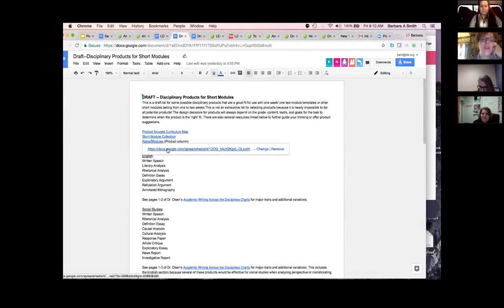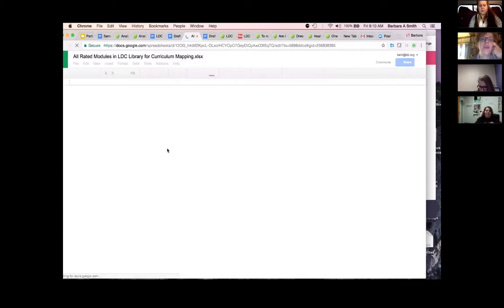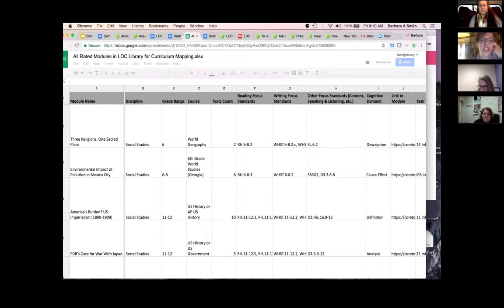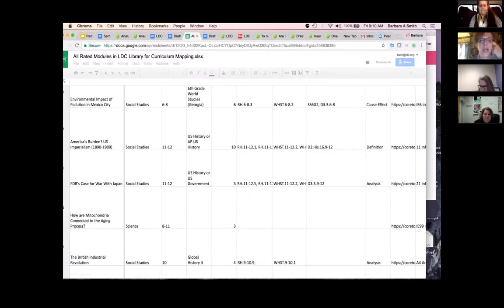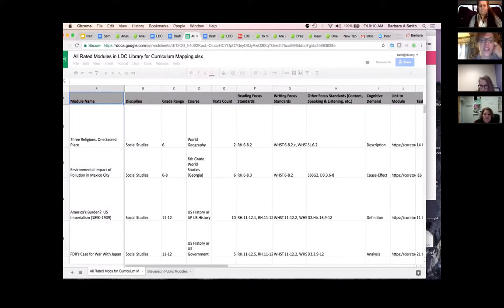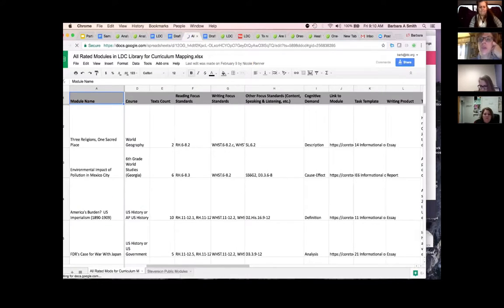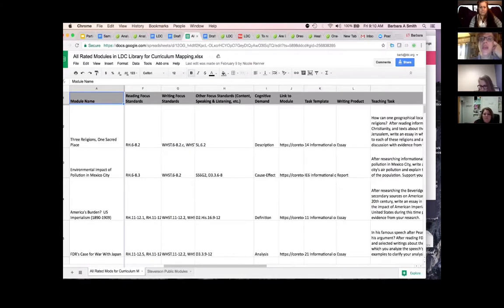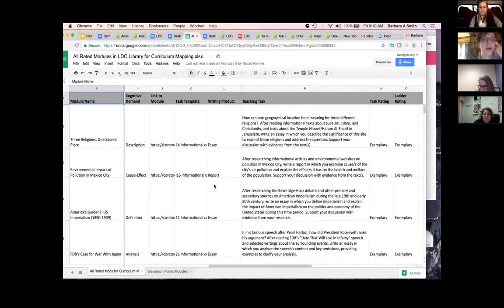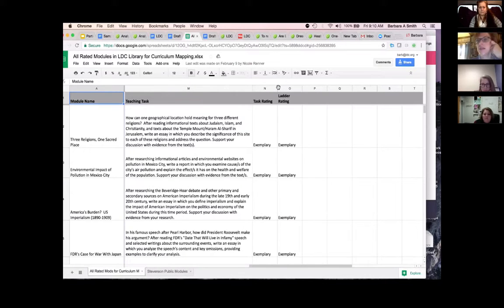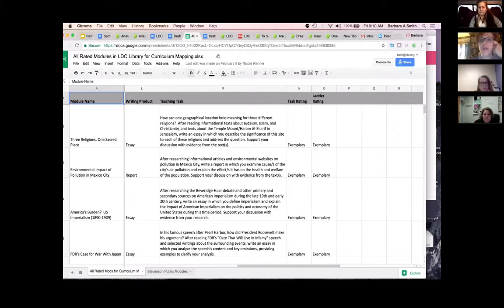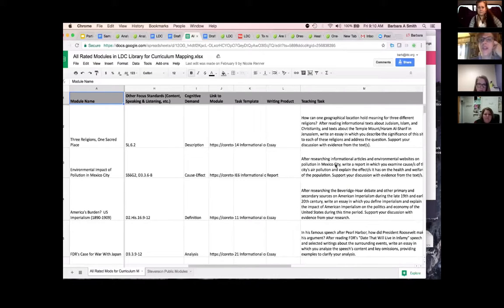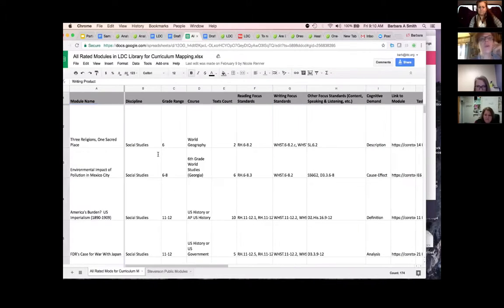And then the other thing that we produce periodically, it's one of my favorite things, is a spreadsheet of, as of February, all of the rated tasks in our collection, and it's sortable. Because we got so many questions about folks thinking about products deeply, column L is writing products. So you can take a look at the relationship between the task, the product, the standards in a nice way. I hope this might be a good resource for your coaching.